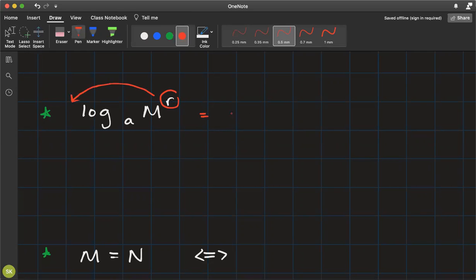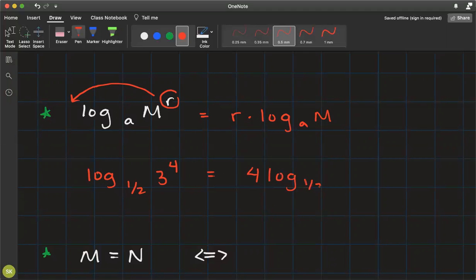So this is equal to r times log base a of m. So for example, let's say we have log base 1/2 of 3 to the 4th. Well, this is going to be equal to 4 log base 1/2 of 3. So I took that 4 and moved it to the front.